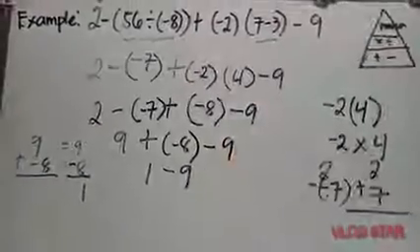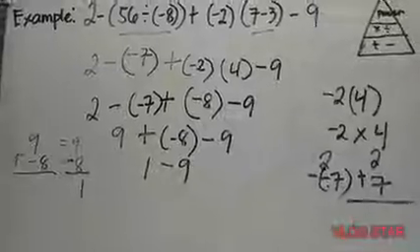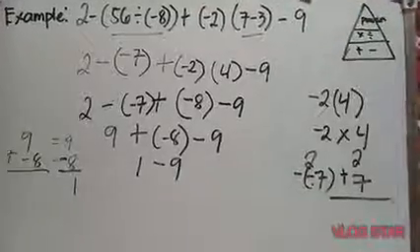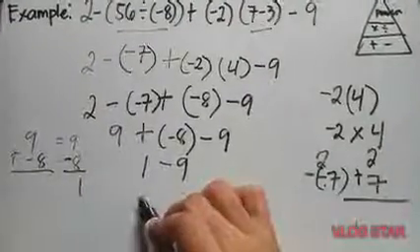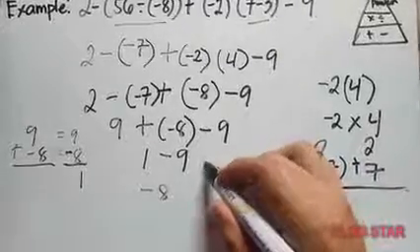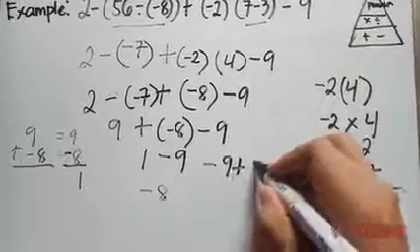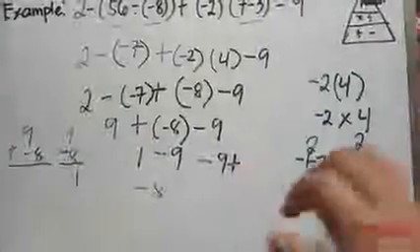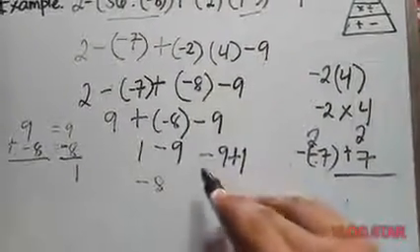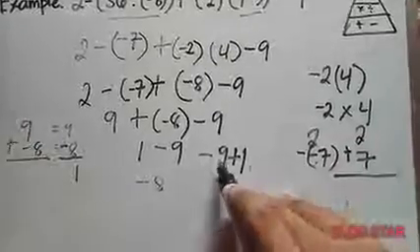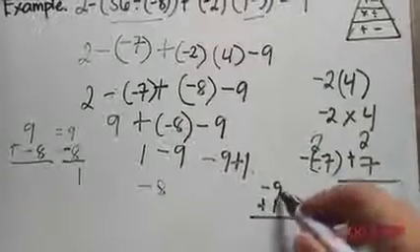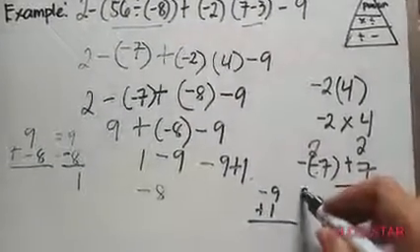Minus 9. So 1 minus 9, the answer is negative 8. Or we can write it as negative 9 plus 1. So 1 minus 9 is just equal to negative 9 plus 1. So when you add this one, negative 9 plus 1, get the absolute value of negative 9, and that is 9.